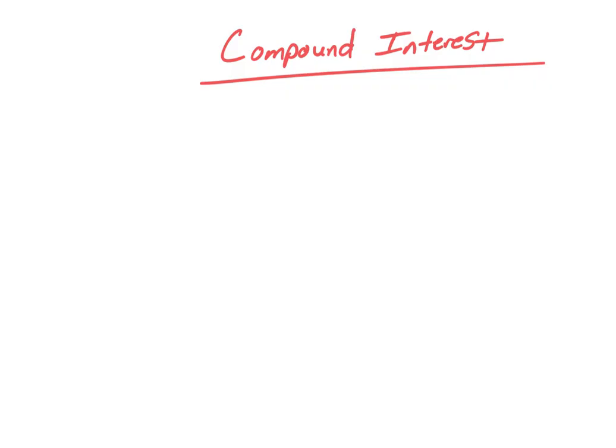There are a couple of different compound interest formulas. A simple interest formula is a little bit different. The first one we're going to talk about is compounded by some kind of time increment.